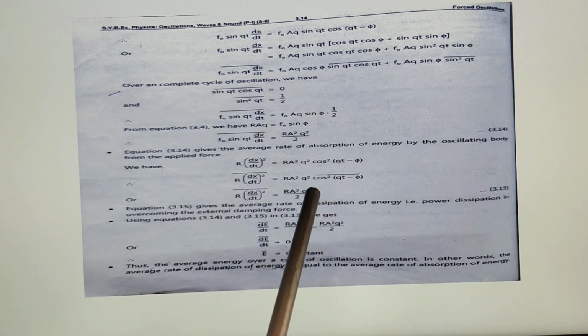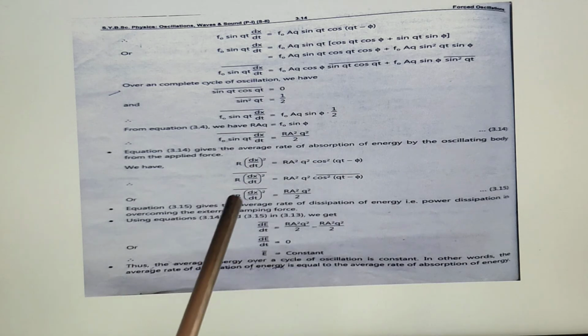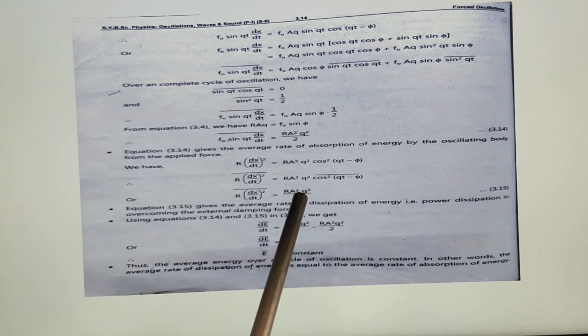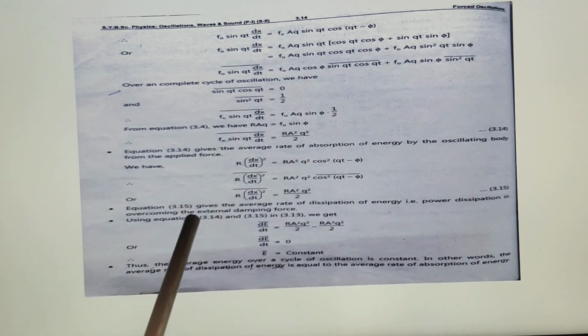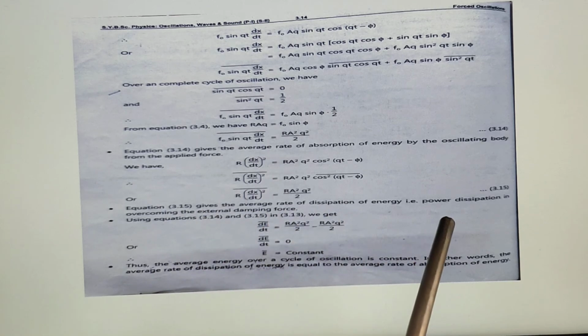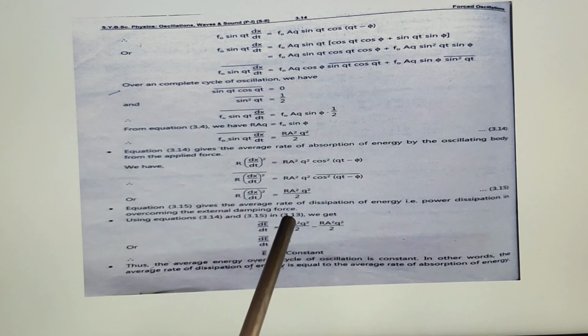Again the average value of cos square(qt minus phi) is half. Then r (dx by dt) bracket square average value equal to r a square q square upon 2. Now the equation is 3.15. Equation 3.15 gives the average rate of dissipation of energy, that is power dissipation in overcoming the external damping force.